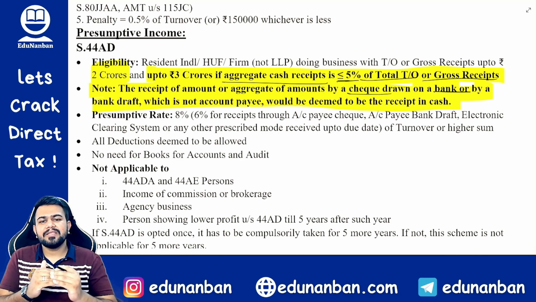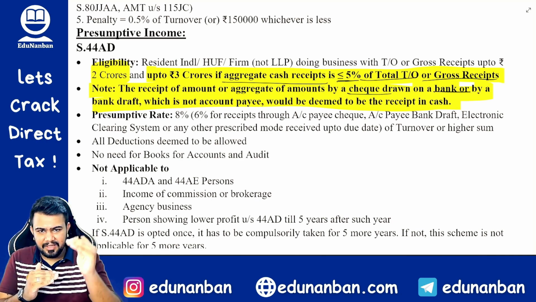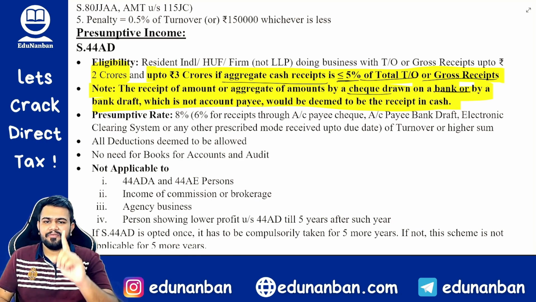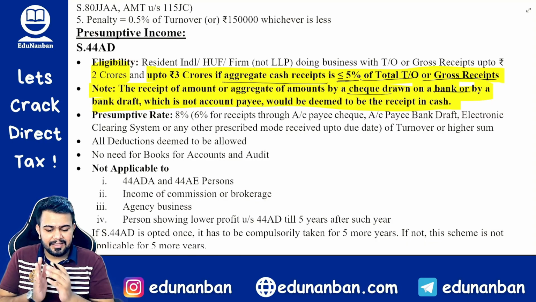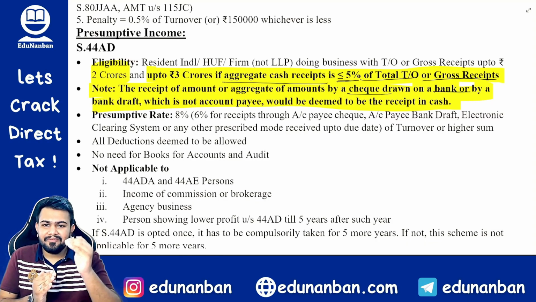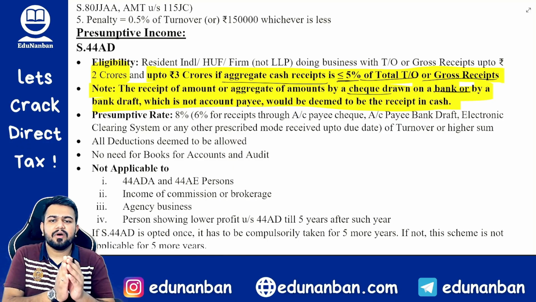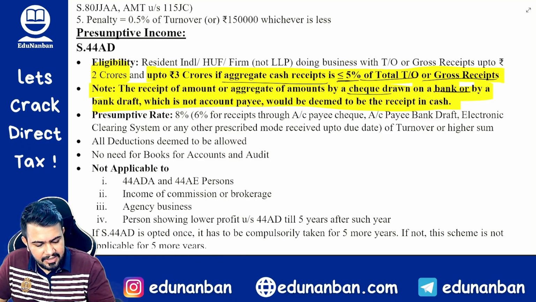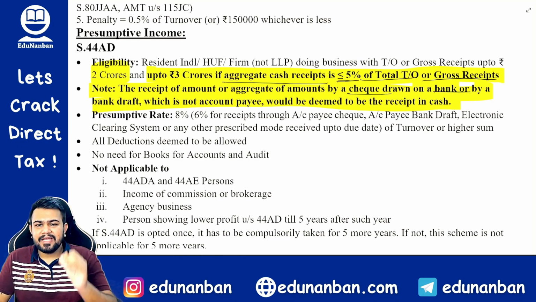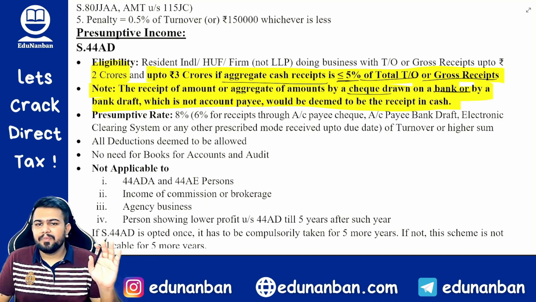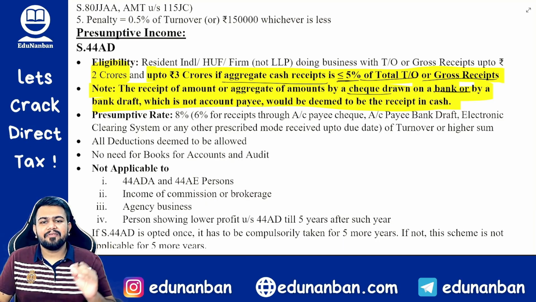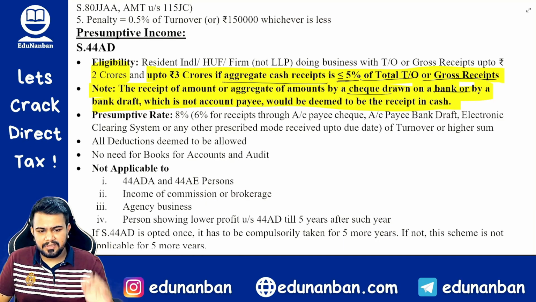So if the turnover is more than 2 crores and within 3 crores, then you have to satisfy one condition. What is the condition? The condition is that the total cash receipt should be within 5% of the total turnover or gross receipts. And in this case, even if there is a cheque or bank draft which is not an account payee cheque or not an account payee bank draft, then it will be considered as cash. Okay.